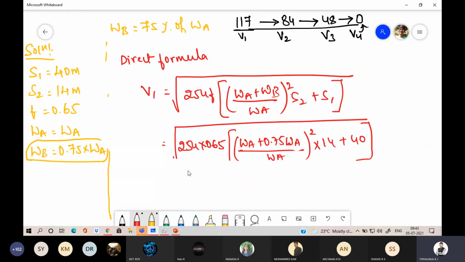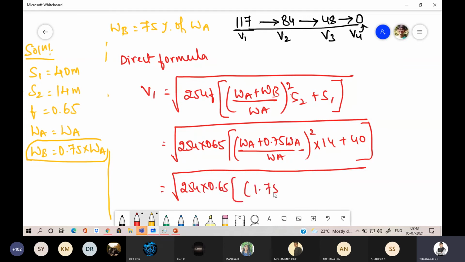So I will show this step also here. Okay. Square root of 254 into 0.65, 1.75 whole square into 14 plus 40. Check it.